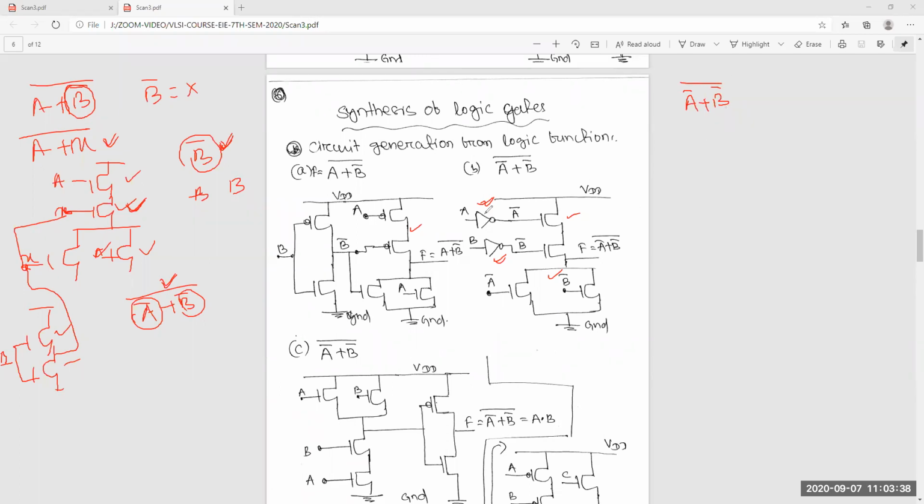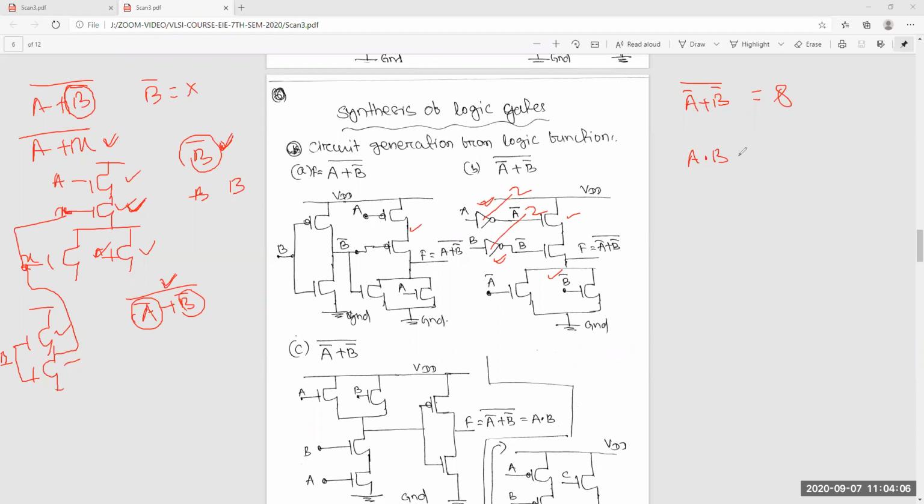If you implement this, it will take 2 transistors. This will take 2 transistors, and this is 4. How many transistors are required? 8, or not? 8 transistors. But you can do this another way, by applying De Morgan's theorem. So this will be a dot b. Yes or no? Yes, sir.